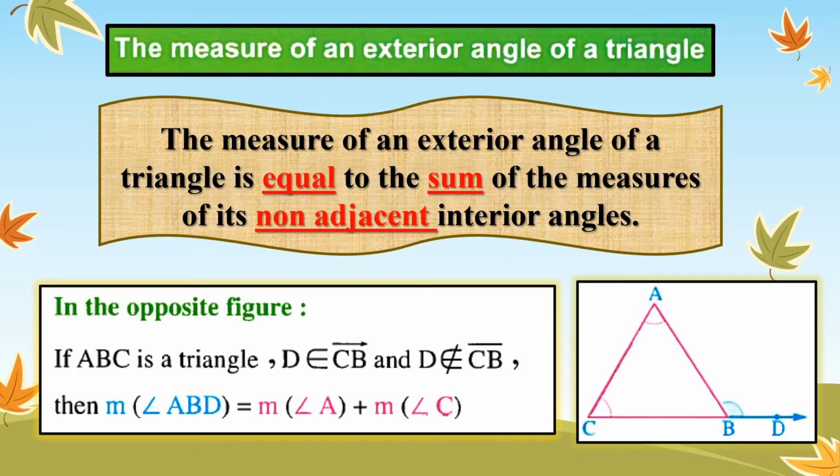In the opposite figure, if ABC is a triangle, D belongs to the ray CB and D does not belong to the segment CB, then the measure of angle ABD equals measure of angle A plus measure of angle C, because angle ABD is an exterior angle for the triangle ABC, so the exterior angle equals the sum of the two non-adjacent angles. So measure of angle ABD equals measure of angle A plus measure of angle C.